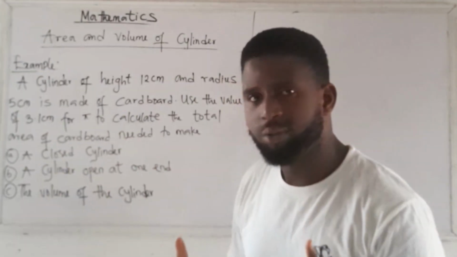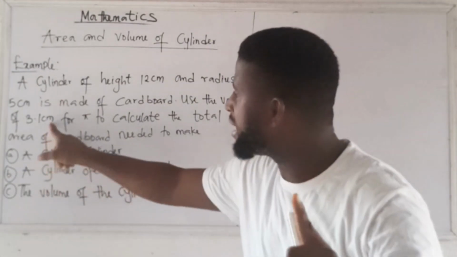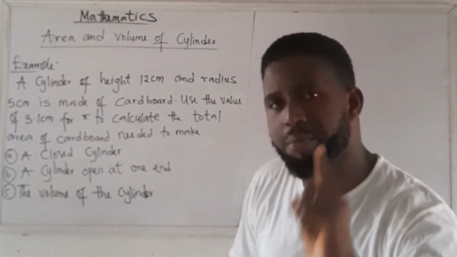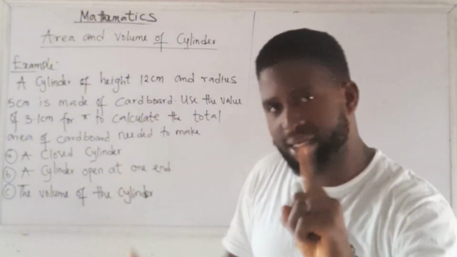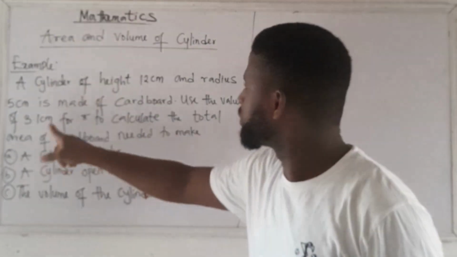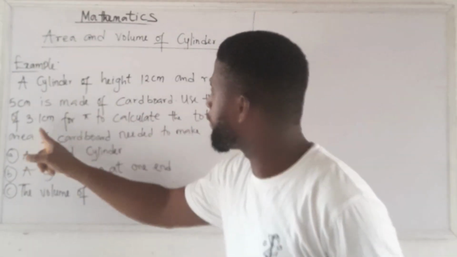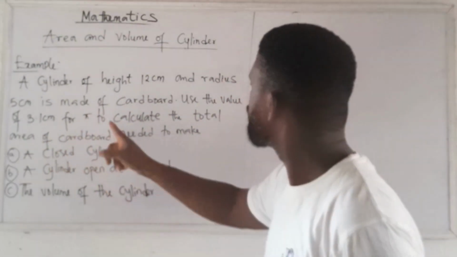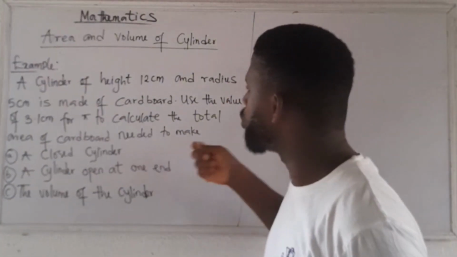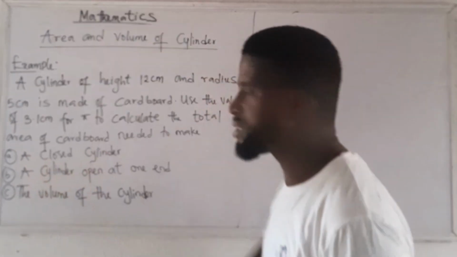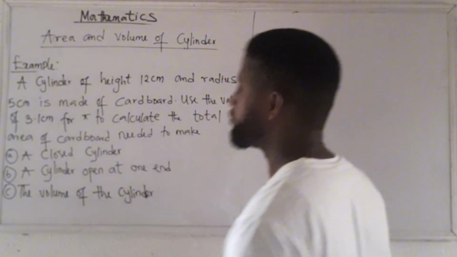The question was given in one decimal place. It simply means that your answer too must be in one decimal place. So, use the value 3.1 for pi to calculate the total area of cardboard needed to make a closed cylinder. Now, what does that mean?